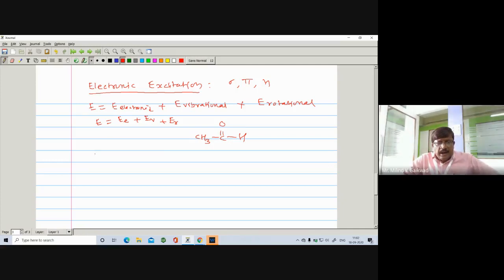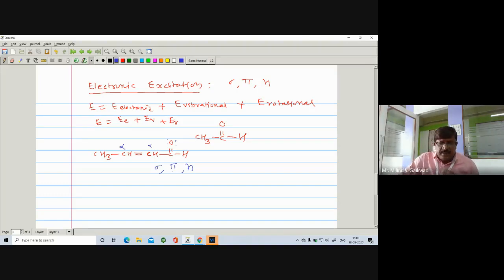Or we can take an alpha-beta unsaturated compound, RCH double bond CH double bond C double bond O. Here you find that it contains sigma bonds, it contains pi bonds, so there are two pi bonds, and it also contains a lone pair, meaning non-bonding electrons. So these three types are contained in this one, right?